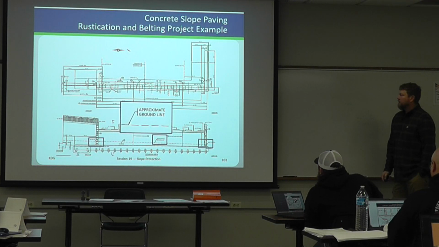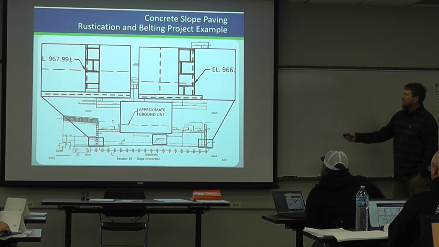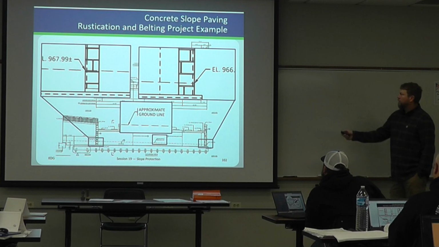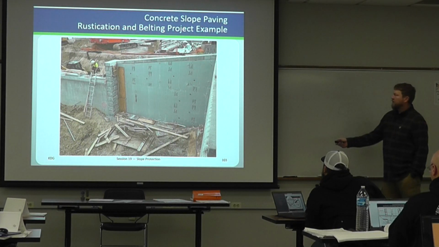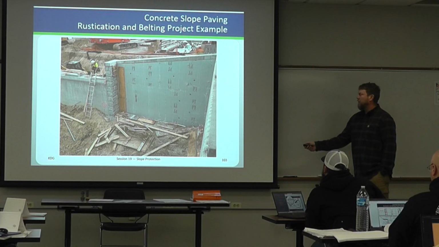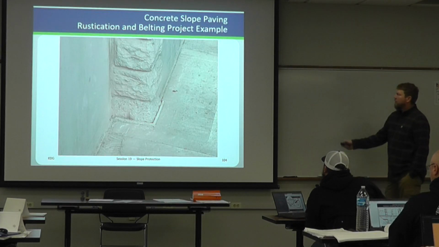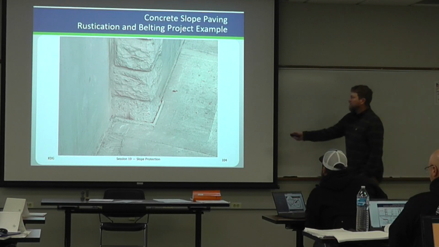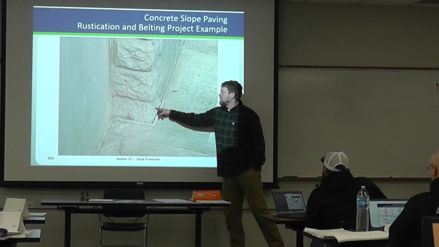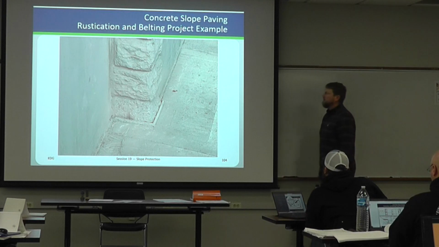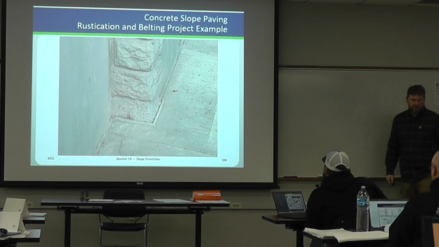There's the ground line. What's probably going to happen right in here? We've got the ground line here, and we need that belting. This is form liner, going to be rough. So here's a picture of it, you can see they took that form liner all the way down to top of footing. Slope paving gets pulled up to here, and we've got this piece there that's not gonna work too well for attaching that belting.